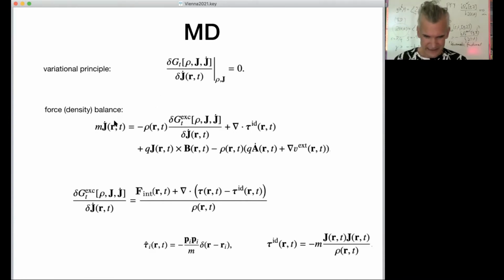And the force density balance has, okay, this is also with a magnetic field written down. So forget about these terms. There's an external potential, time dependent. One can factorize an ideal term, which is there. This is just a factorized version. And there's an excess on top of this contribution, the real one minus the ideal gas, minus this factorized one.